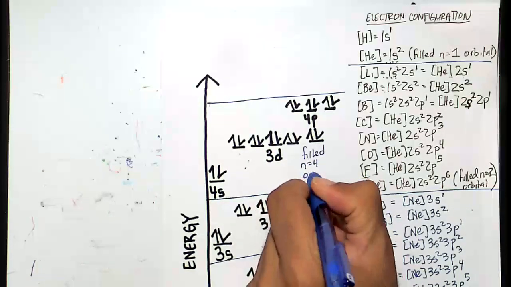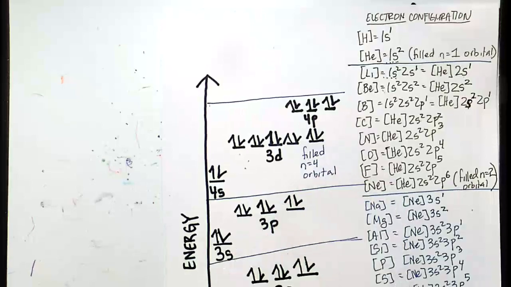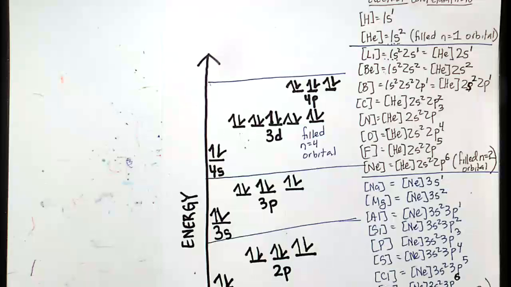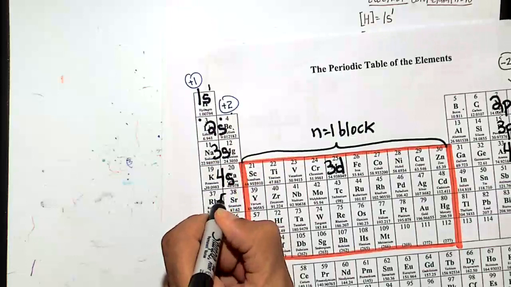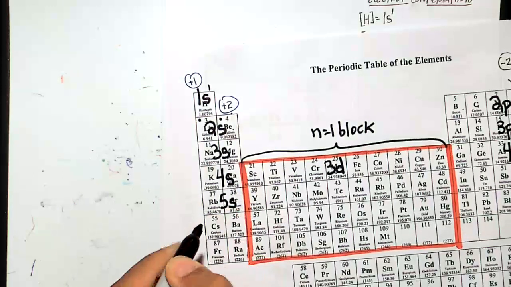We have a filled n equals 4 shell. So that would be for krypton. All right, after 4p, where will it go? Back to 5s.